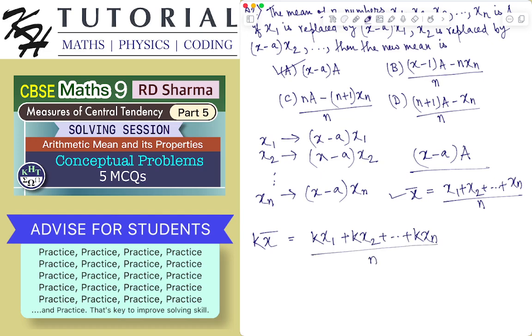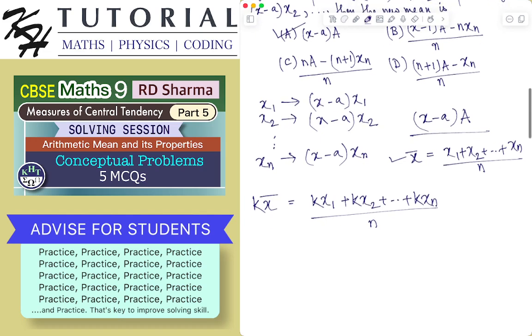Now what is the right hand side? The right hand side is nothing but the mean of the observations kx1, kx2, up to kxn. And the left hand side is k x bar. So if you multiply the original observations x1, x2, xn by some constant k, then the new mean will be k into x bar, where x bar is the old mean.